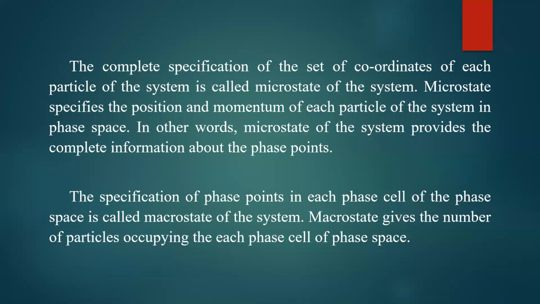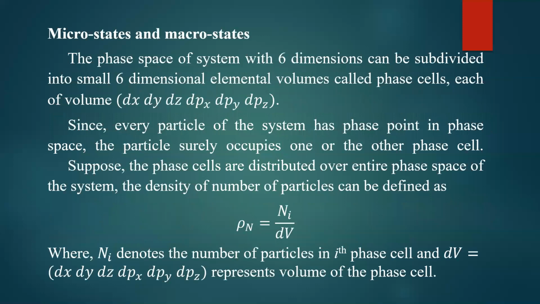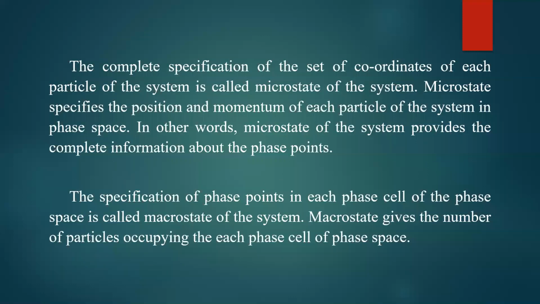Next we will consider what we mean by microstate of the system. The complete specification of a set of coordinates of each particle of the system is called the microstate of the system. If the complete specification of the coordinates is known for a particle, then that specification is called a microstate.